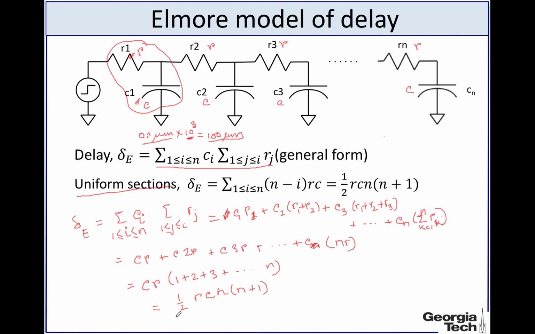Alright. So now the delay due to the transmission line effect, the distributed resistance and capacitance, is given by this equation, half RC n into n plus 1. Now note what n is. N is the number of segments.